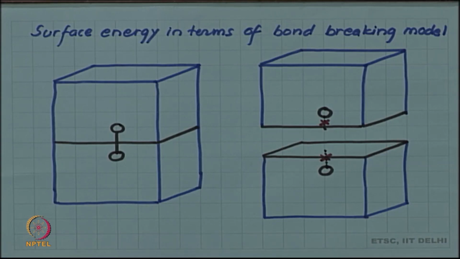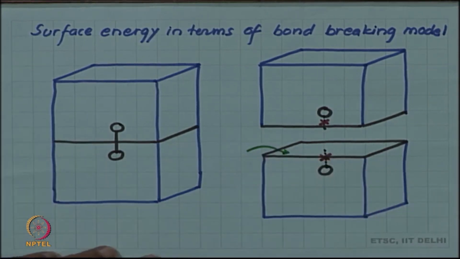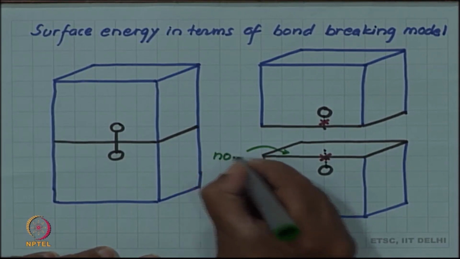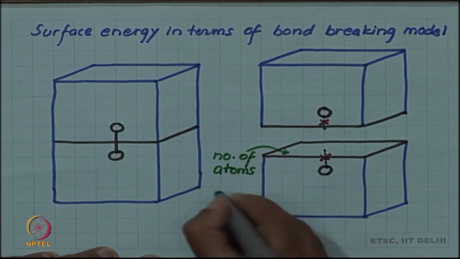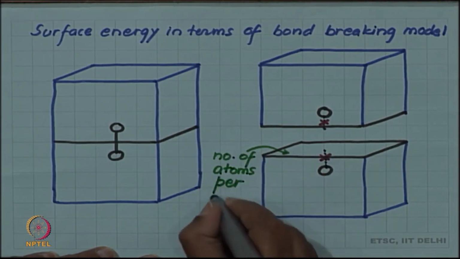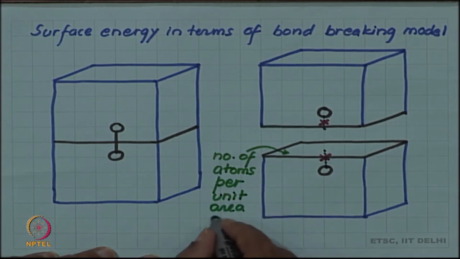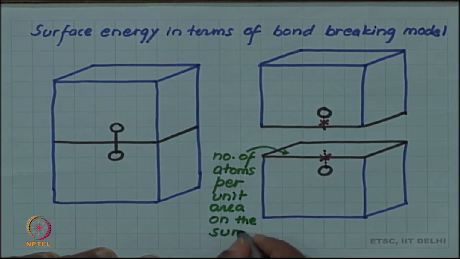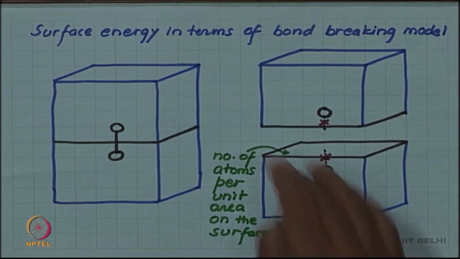So, the parameters which we require for this: one thing is how many atoms are there on this surface. So, we require the number of atoms per unit area on the free surface.